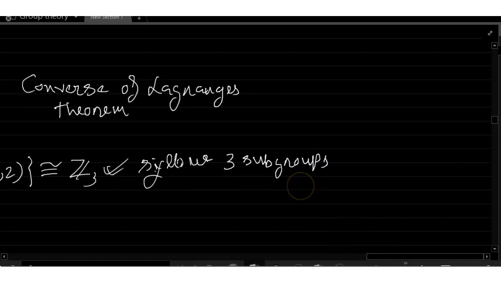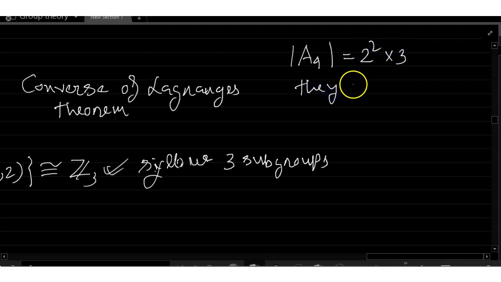So friends, our topic: the order of A4 is equal to 2 squared times 3. So there are cyclic subgroups of order 3.